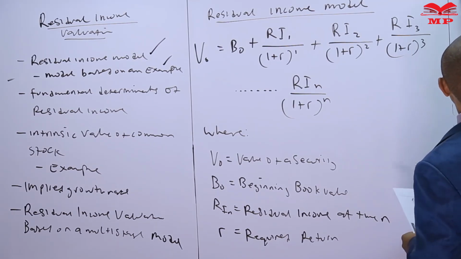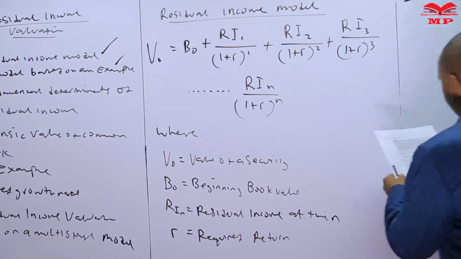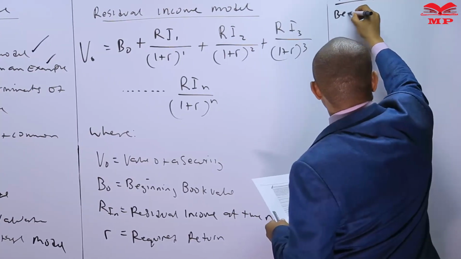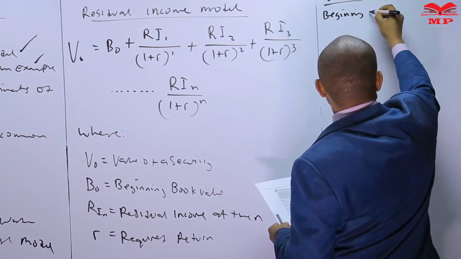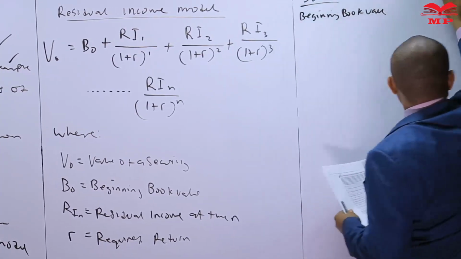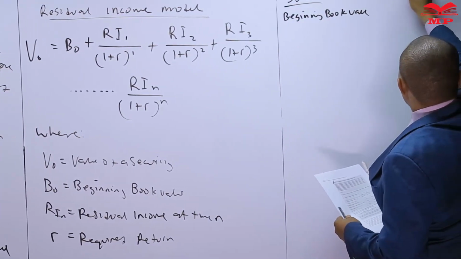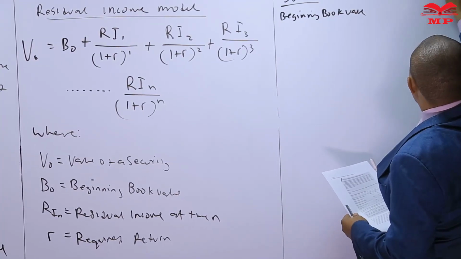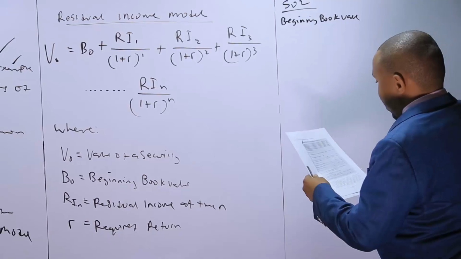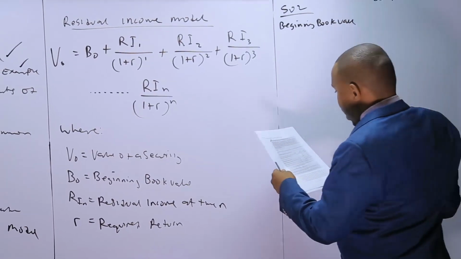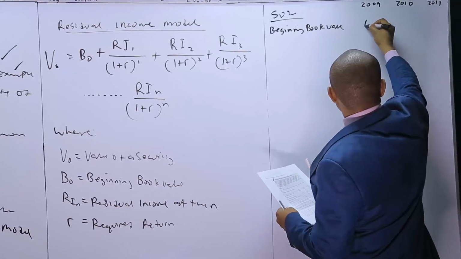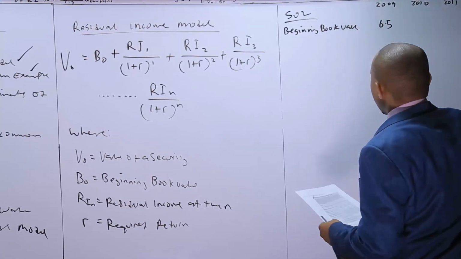So, solution. We can see we have been given the beginning book value per share, for 2009, 2010, and 2011. The beginning book value for 2009 we have been given as 6.5.